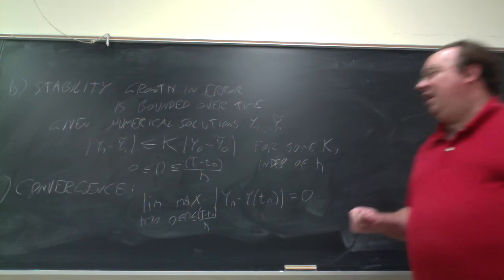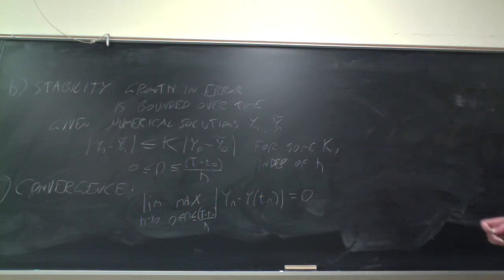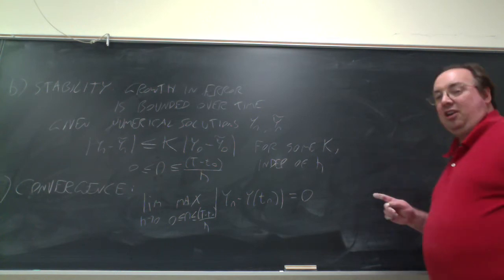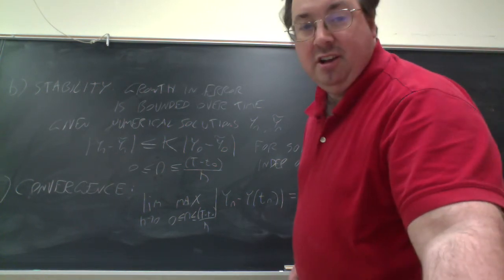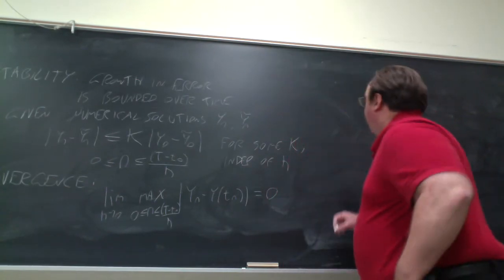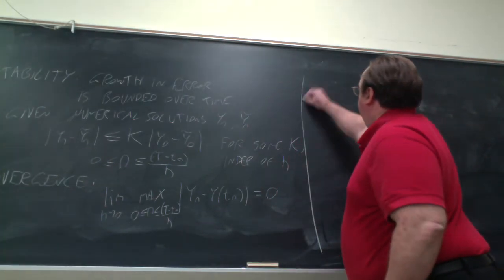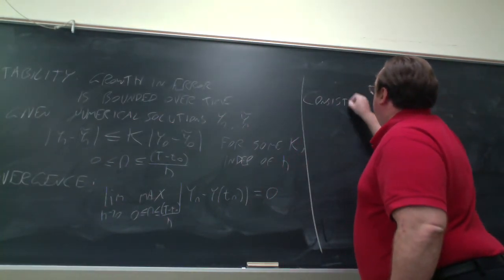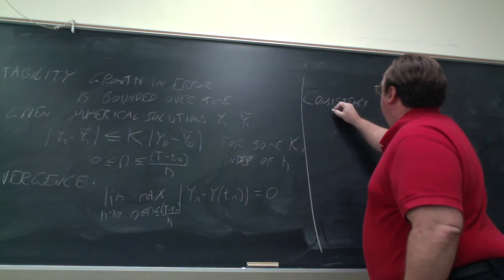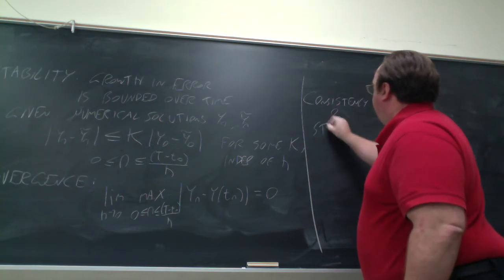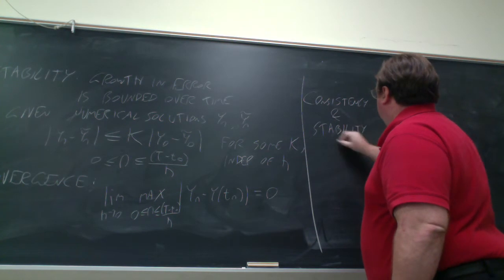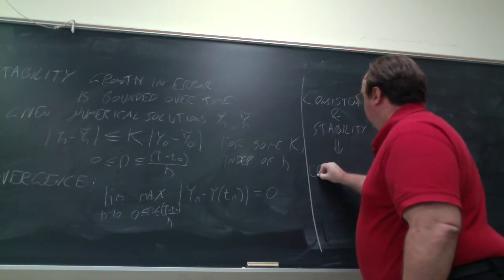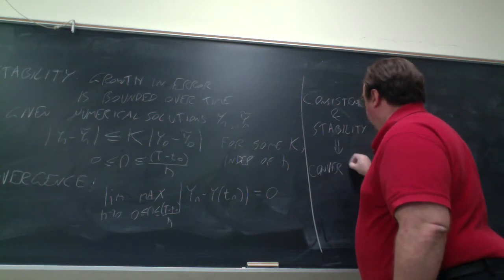However, the main theoretical result that relates all of these, and some of you put that on the quiz already, is that if a method is consistent and stable, then it is convergent.